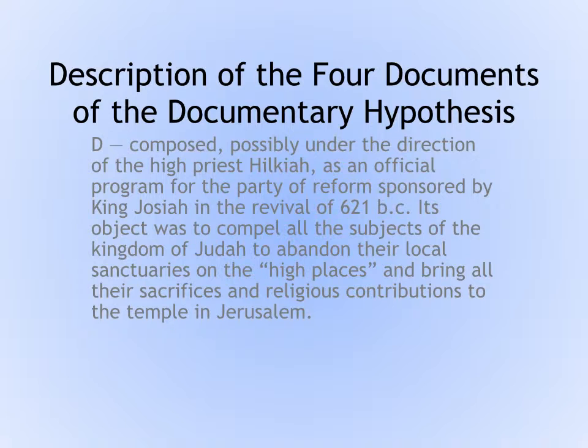And so here in the D documents, Deuteronomic documents, we see that basically what they're saying is that they want to bring the worship under a more strict guideline, more strict law, which Deuteronomy actually is. It's where we see the law.